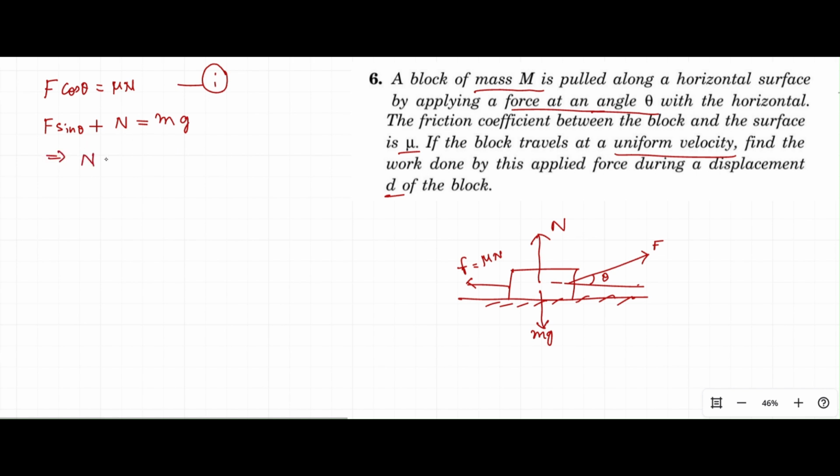So N is equal to mg minus F sin theta, which is equation 2. Now we have to find the work done by this applied force. So what we will do is put 2 into 1. That will become F cos theta is equal to mu into the normal reaction force, and the normal reaction force is mg minus F sin theta.